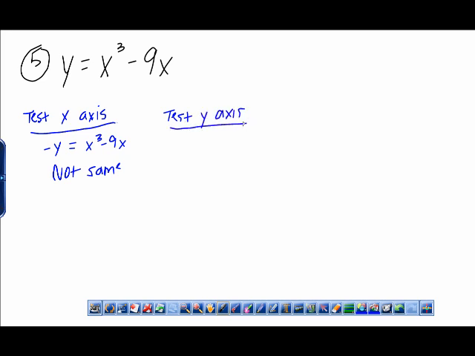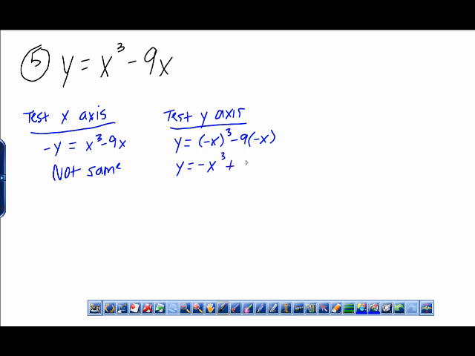This is where we replace x with negative x. So where x is, I'm going to put this in parentheses because I'm replacing it exactly where it is. Let's simplify this and see, because there's potential here for that to happen. All right, negative x cubed would be negative, then times x cubed.